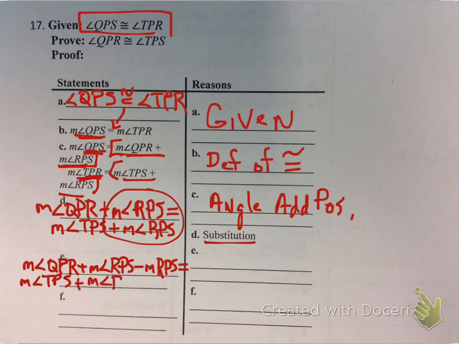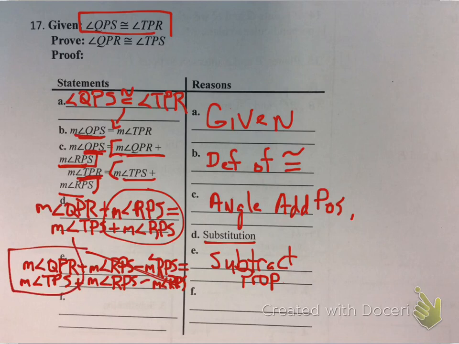So the measurement of angle RPS minus the measurement of angle RPS. And again, what allows me to do that? The subtraction property. Because that would cancel that out, that leaves me with QPR equal to TPS, right?